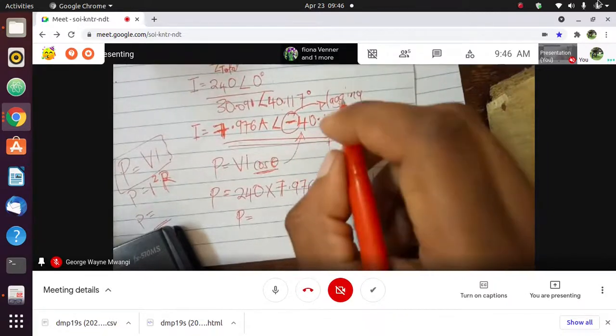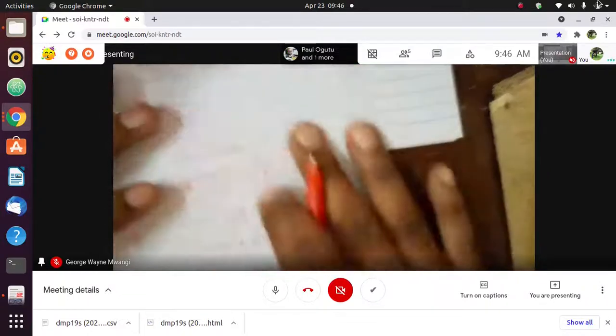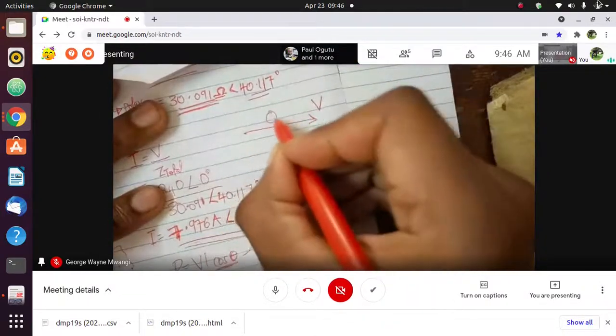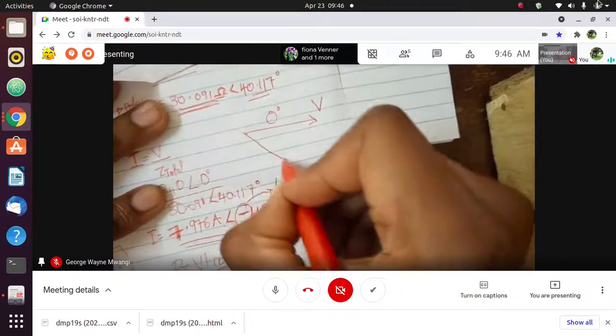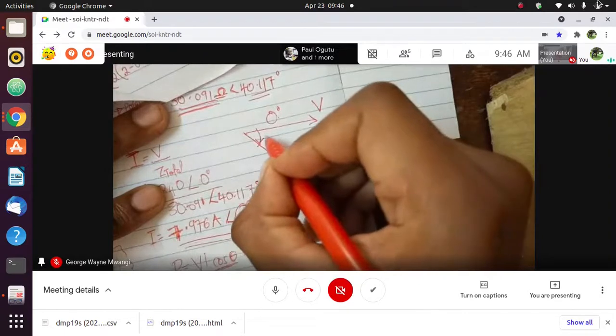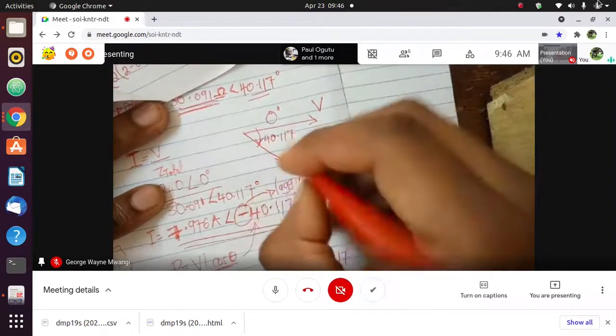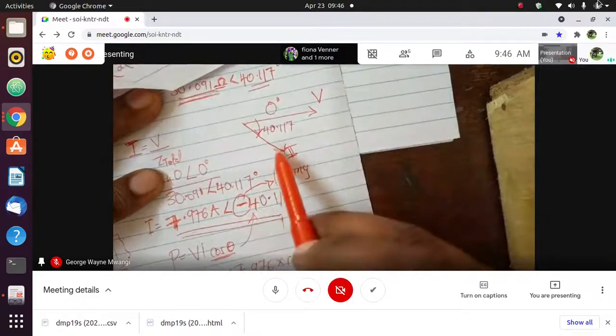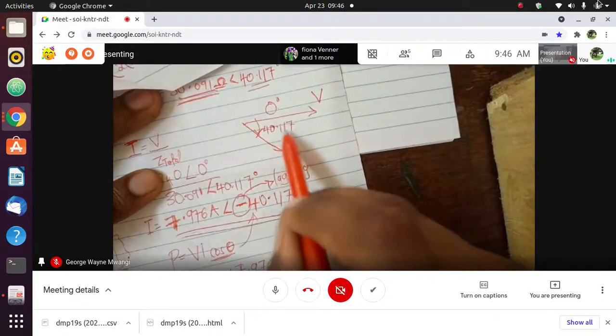the current is behind. If I was to draw it as a phasor diagram, this is our voltage because it is at 0 degrees, but now our current will be behind at 40.117. This doesn't mean that this angle is negative. It just means that it is behind.